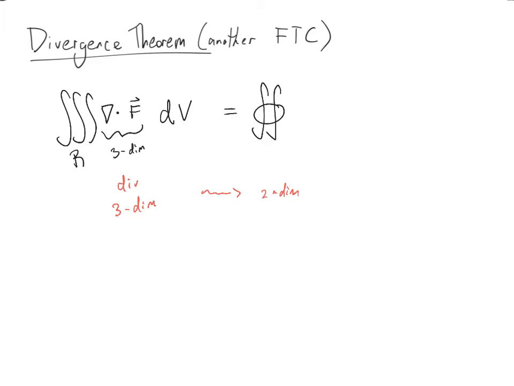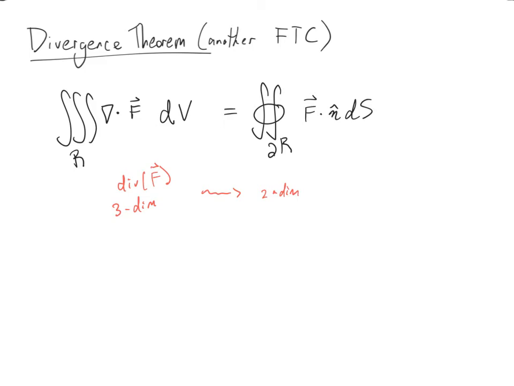So if we have divergence of F over here, this should be more or less just the flux of F, because divergence is measuring flow across small regions. So what's the flux form of the integral? It's going to be F dot n hat dS over some boundary of R. The one thing that's subtle here is what R has to look like, and we want to think back to Green's theorem.